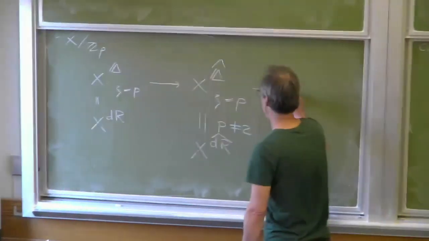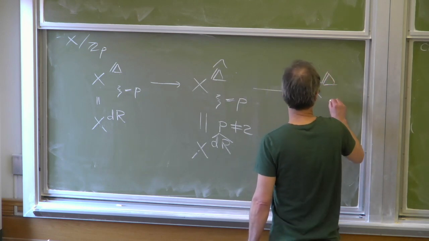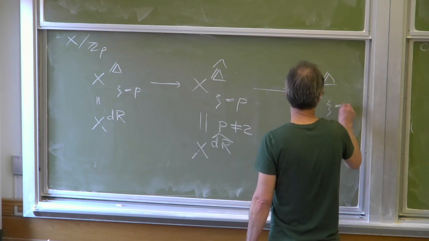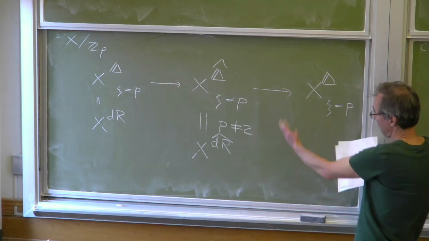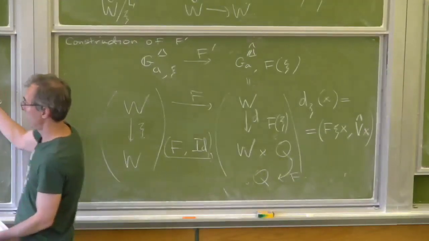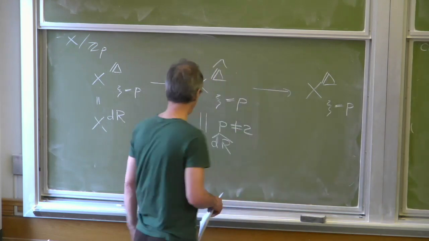So then we have again this the RAM stack, and so having this map, we can look at the pullback functor on shifts.